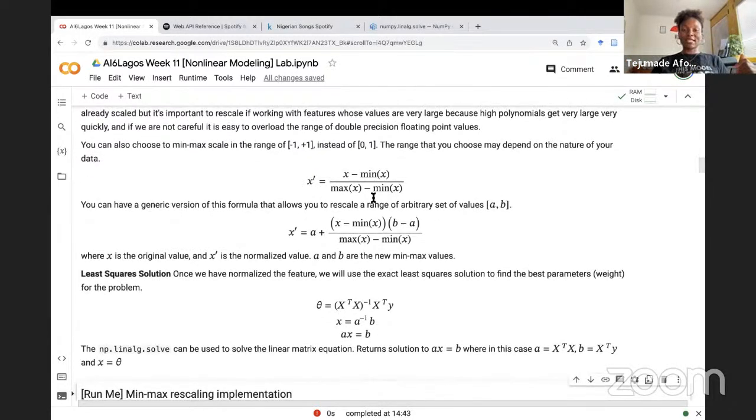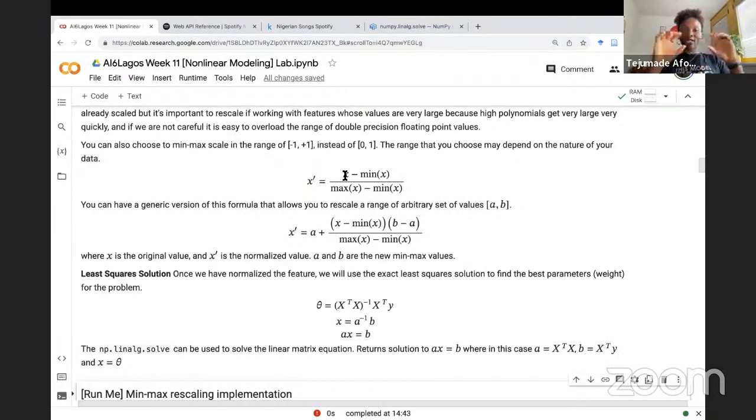Here the formula just shows how you do it. This is the new value you will get. This is your old value. You subtract the minimum of your old value. Here, this is a vector, so it's not a scalar. You don't just have one element.